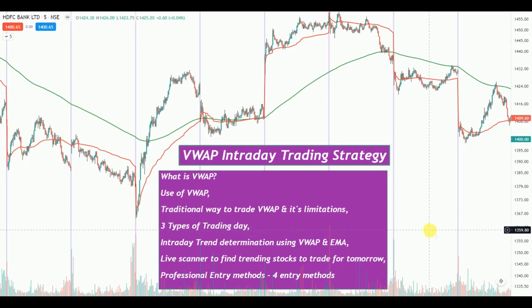Then we will see intraday trend determination using VWAP and EMA. We are also going to find one live scanner to find the trending stocks to trade for tomorrow. Lastly, we are going to discuss professional entry methods, and at the end, we will discuss a few examples.